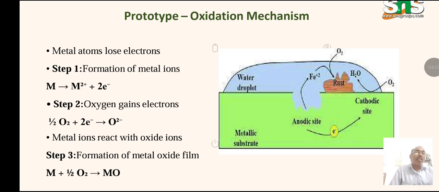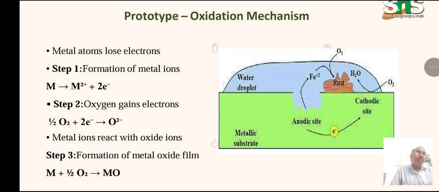For iron, Fe gives Fe2+ plus 2 electrons. On the other side is the reduction reaction, which happens with the oxygen molecule: oxygen gains electrons, that is, O2 plus 2 electrons gives O2-. The third step is the formation of a metal oxide. Finally, we observe the metal oxide on the surface.